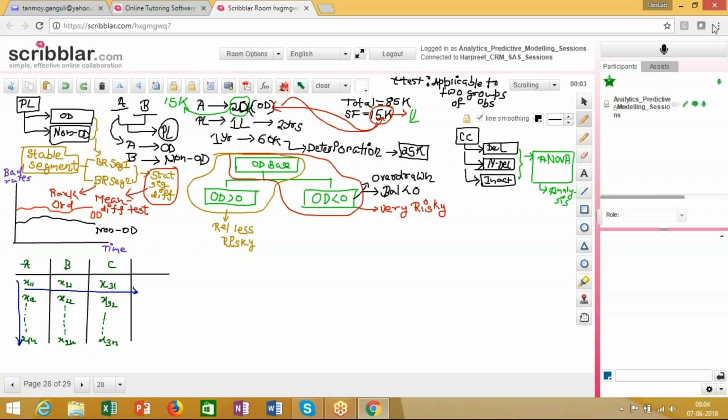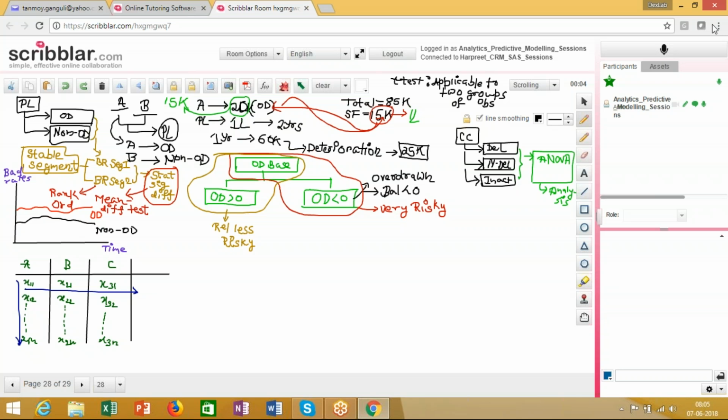For the inactive segment, we need not develop any models. We just keep it as a separate segment and estimate a separate probability for it, because inactive segments do not have sufficient performance information for us. On the other hand, the model would be developed for delinquent and non-delinquent.